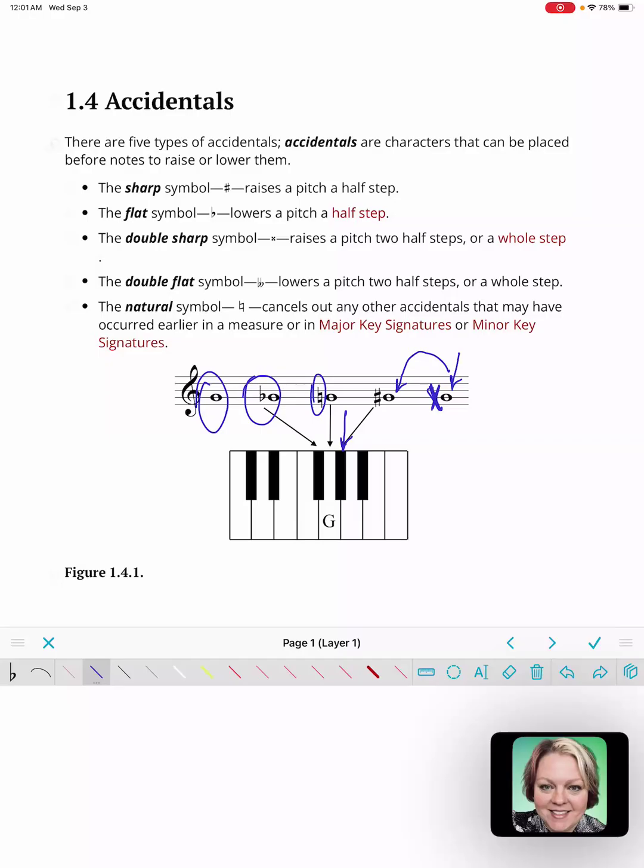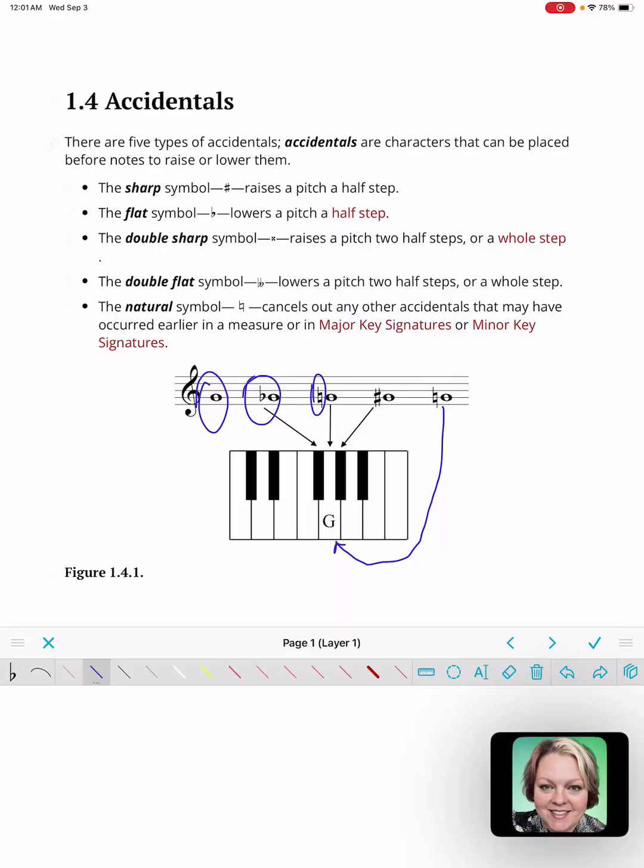But the composer is like, nope, I want a regular G there. So they cancel out the sharp that came before it by putting that natural sign in. And so that means you would then go back to playing this regular G.